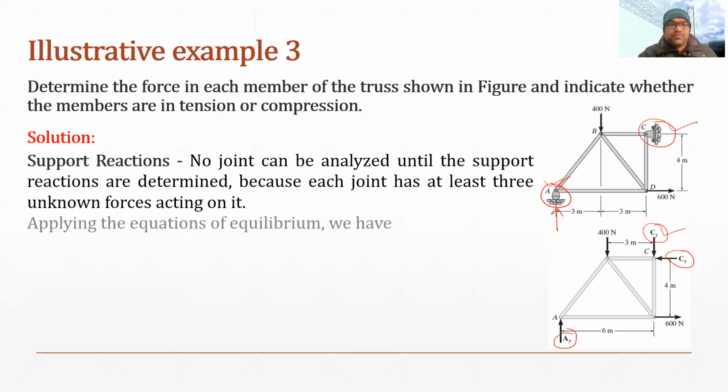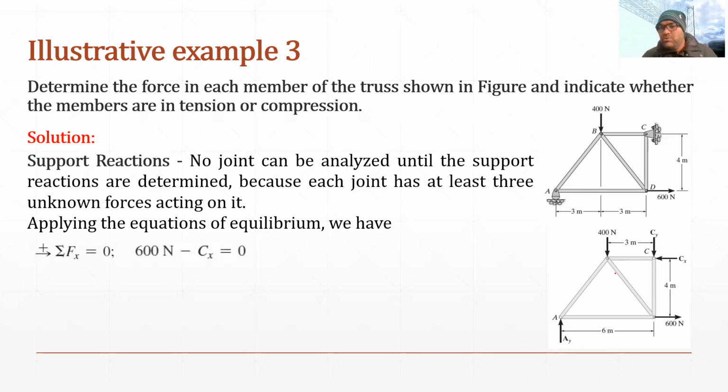So we will apply the equations of equilibrium: summation of Fx, summation of Fy, and summation of M. First we will apply summation of Fx. While applying this equation, we will see how many horizontal forces there are and find their summation. You can see there are two horizontal forces.